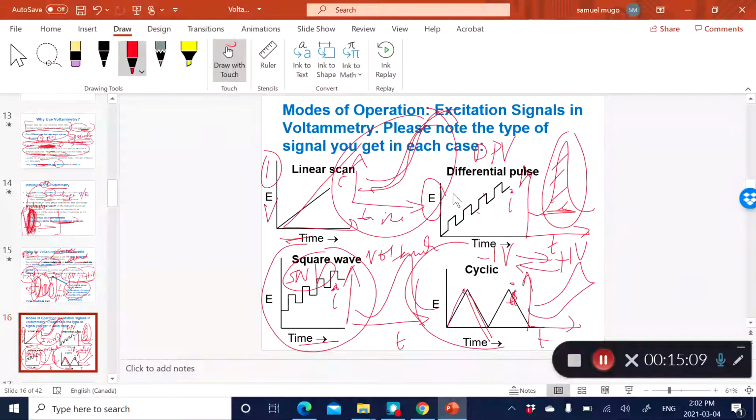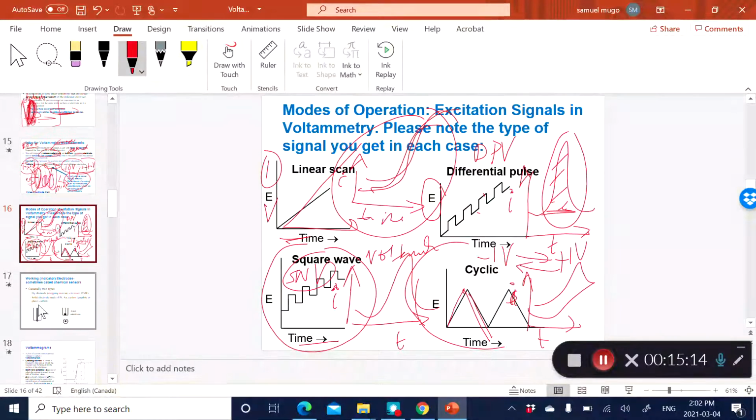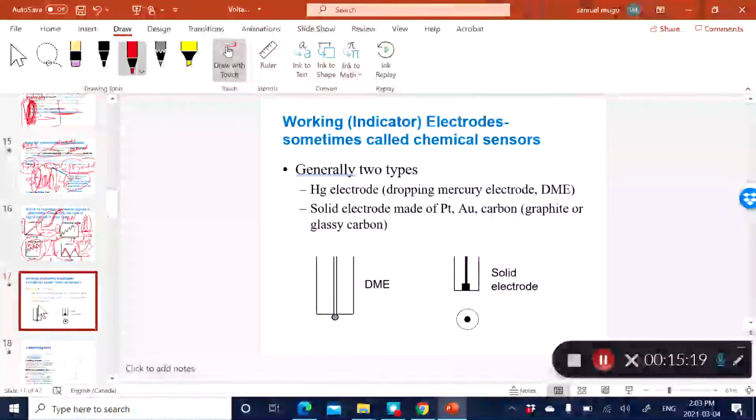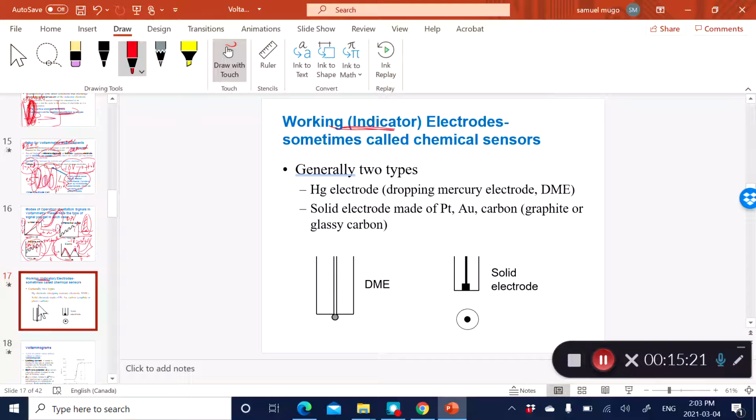And this is a very important slide that I'd like you guys to really pay attention to. Now, the working electrode, the indicator electrode: there are many different variations out there, but I'm just going to focus on two types of electrodes that are used to make the working electrodes for photometry. One is the so-called dropping mercury electrode, which is what polarography is, the father of photometry.